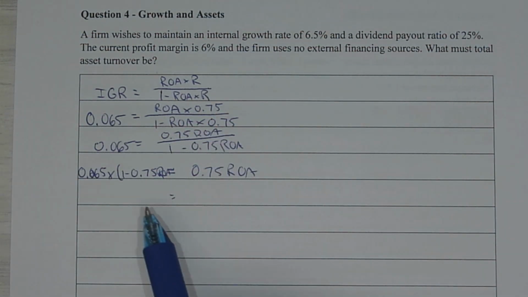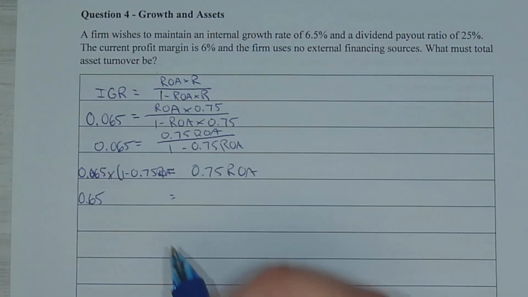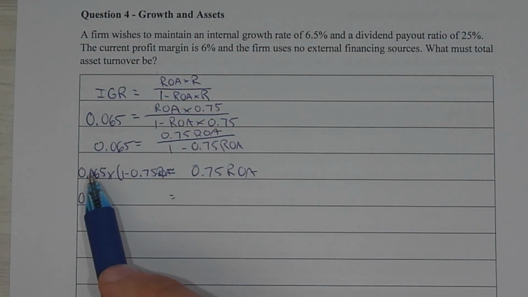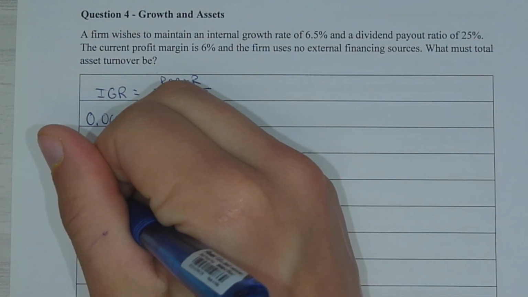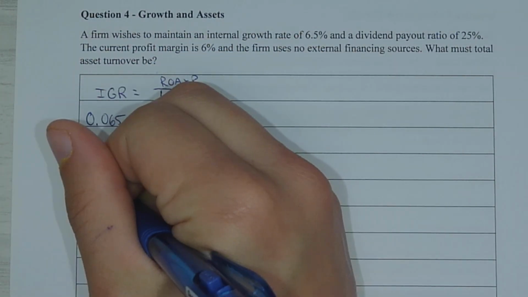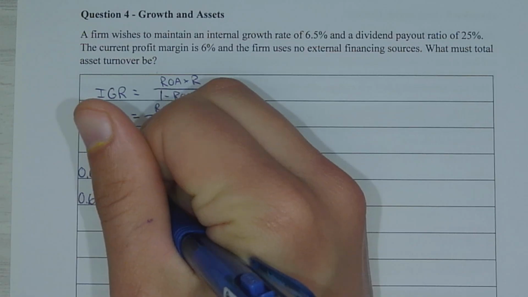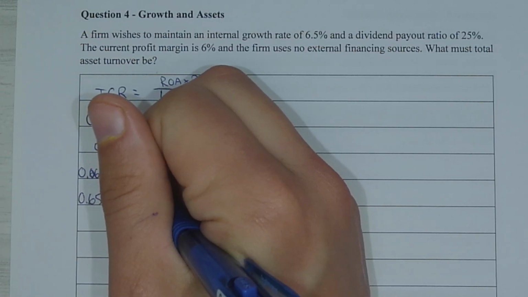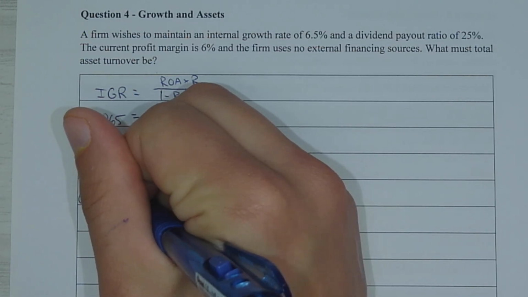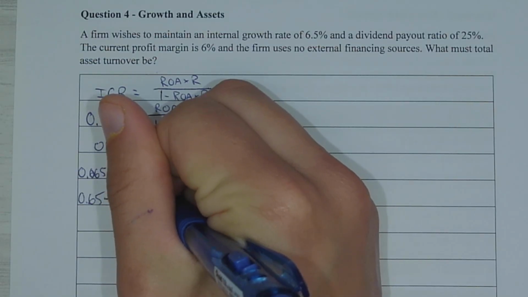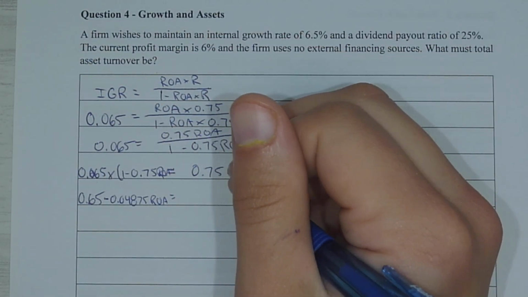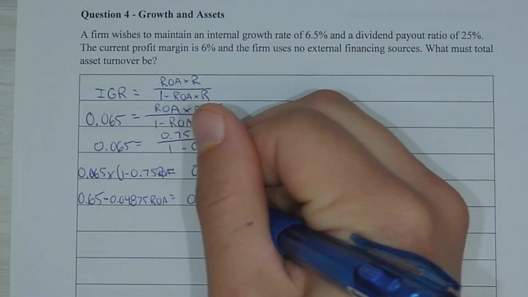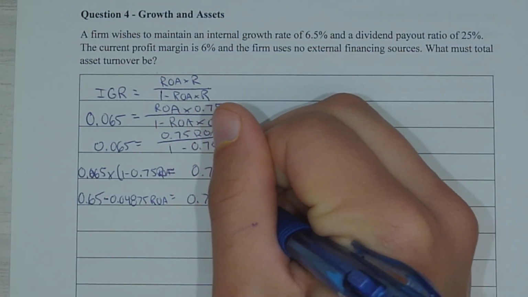Okay, so 0.065 times 1 is 0.065. 0.065 times 0.75 is 0.04875 ROA, equals 0.75 ROA.